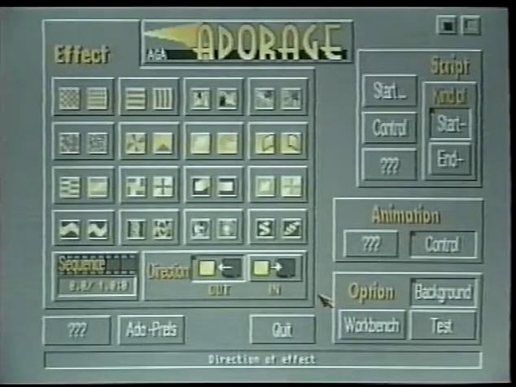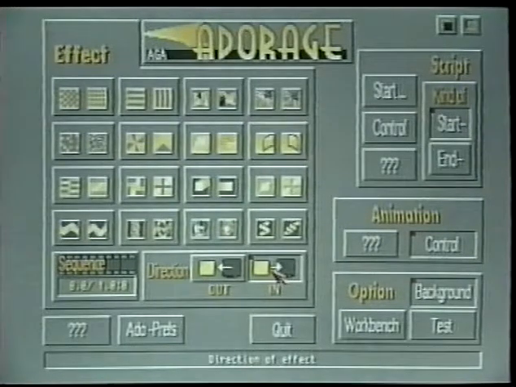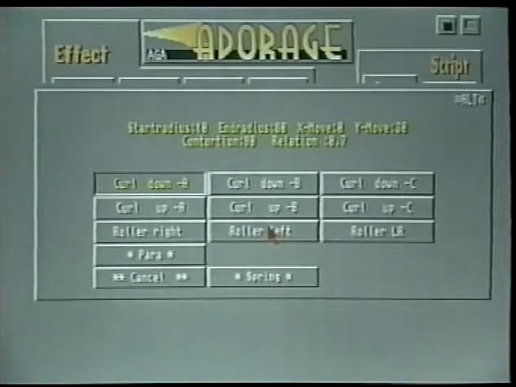Now the next effect, the roller effect once more. But first I'll change the direction back to an in effect. Select roller and click with the left mouse button on parameter to set the effect.